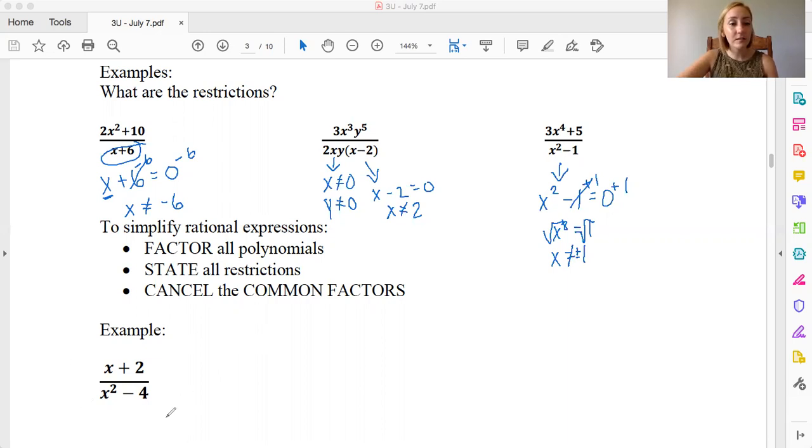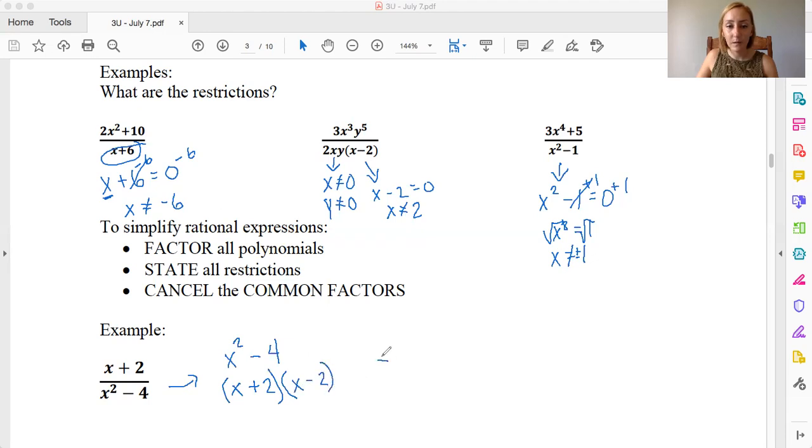If we look at our example down here, we have x plus 2. You can't factor that any more than it already is. But you can factor the denominator. So x squared minus 4, that's a difference of squares because we can take the square root of both terms. There's only 2 and there's a negative in the middle. So our answer here would be x plus 2, x minus 2.